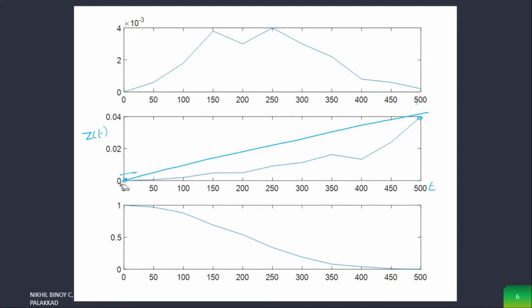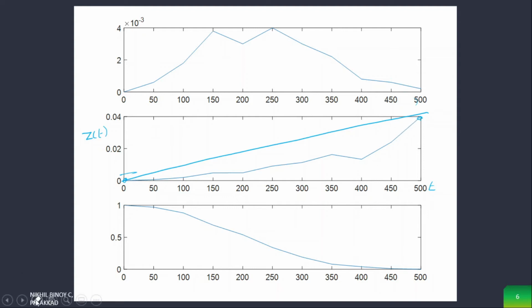You can see that from this point to somewhere here, from 0 to 350, it follows some linear characteristics. Then from 400 to 500, it follows another linear characteristic. Is it okay?